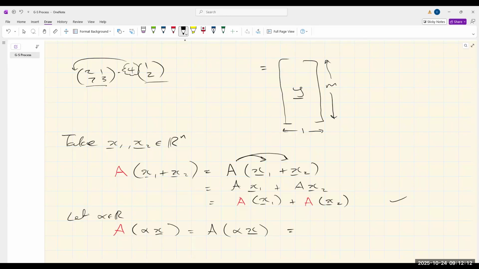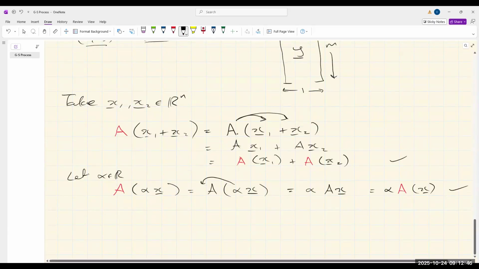So same thing, I'm just moving the alpha out. This is alpha times Ax, where Ax means matrix multiplication. So this is alpha times Ax, which is just the mapping A applied to the vector x.